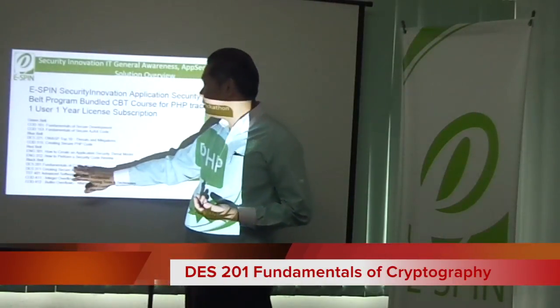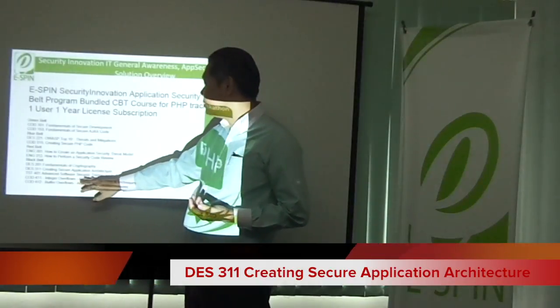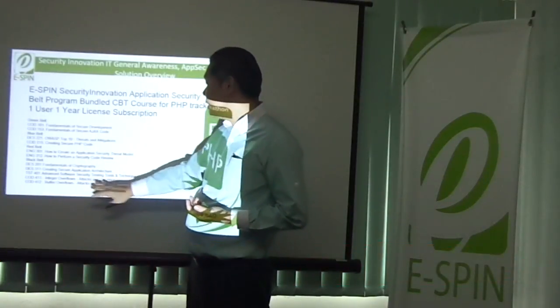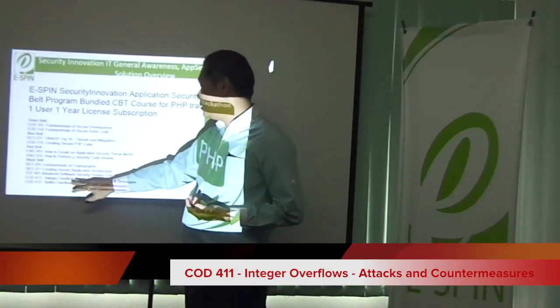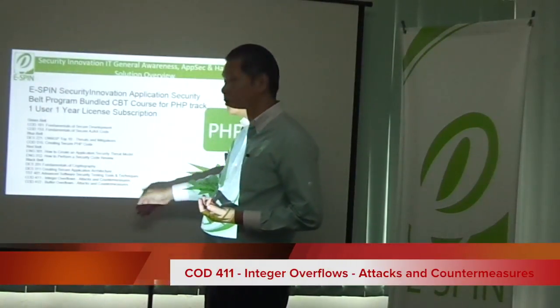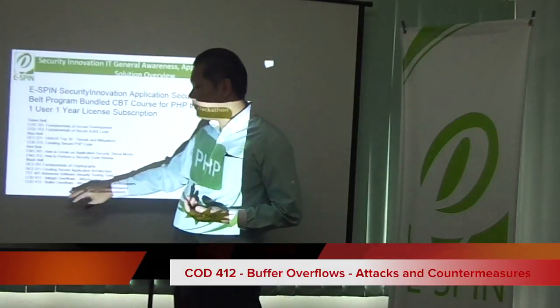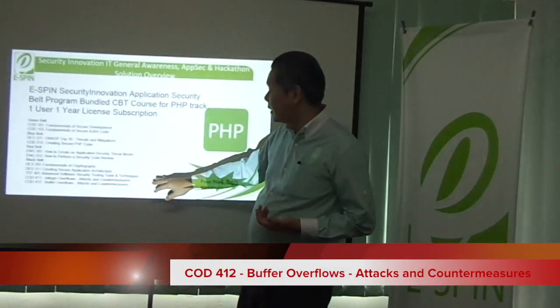So the foundation of cryptography, and then create secure application architectures, and software security testing tool and techniques, and integral overflow attack and countermeasures, and then for the buffer overflow, the attack and countermeasure.